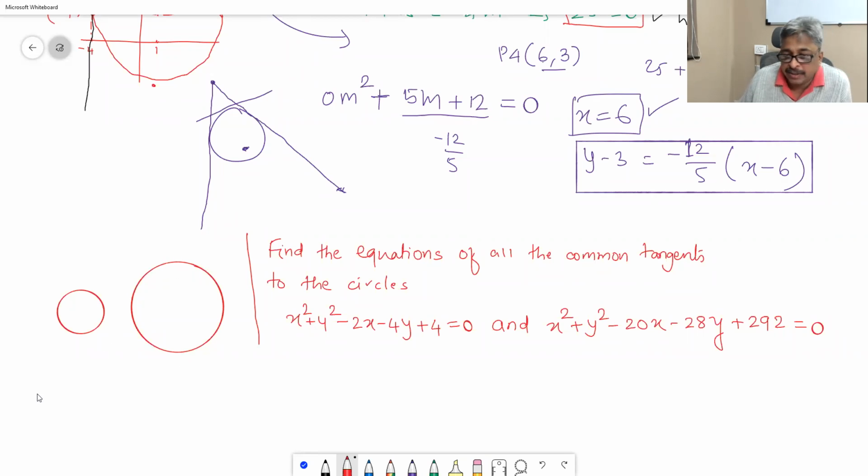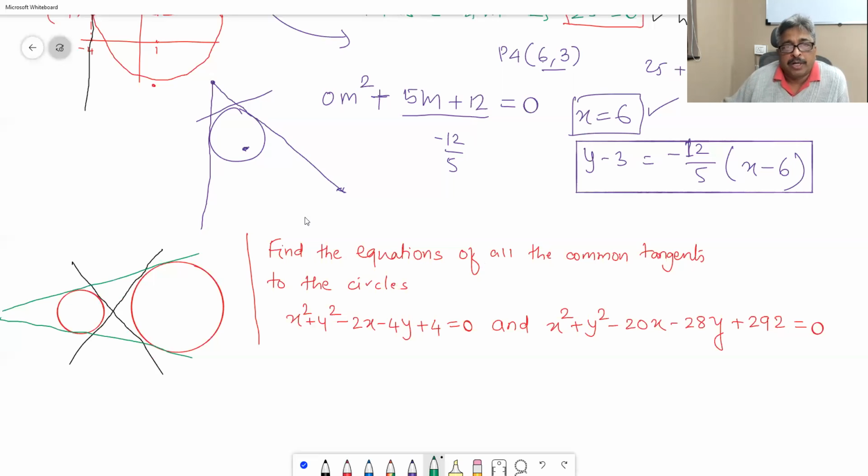Hopefully they are distinct, and therefore all common tangents exist. That means there will be two transverse tangents and two direct tangents, and we want equations of all these four.